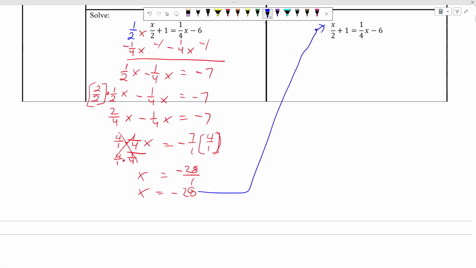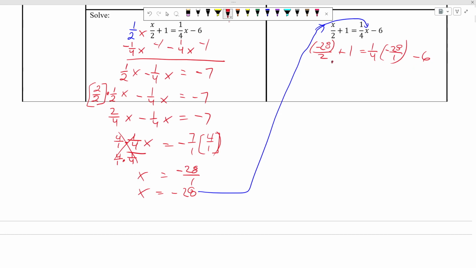So I'm going to put it in there and plug it in over here. There we go. Let's do this thing. All right. So I'll go ahead and put -28 over 2 plus 1 equals 1 over 4 times -28. And I'm going to represent that 28 as its fractional equivalent right away, and then -6.